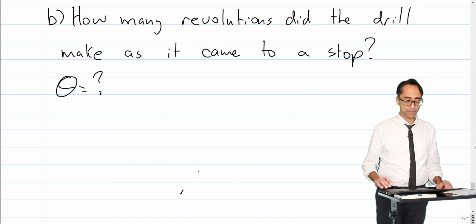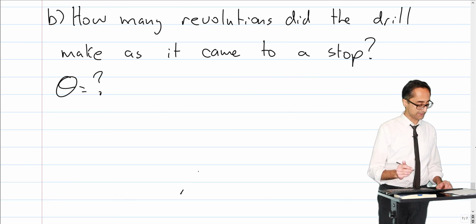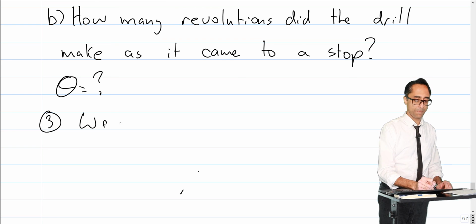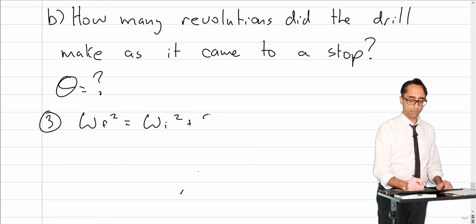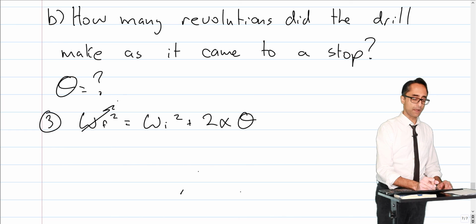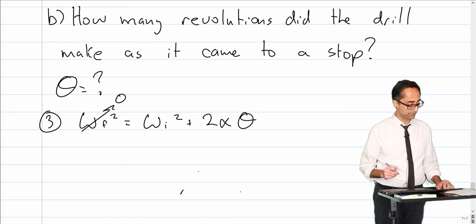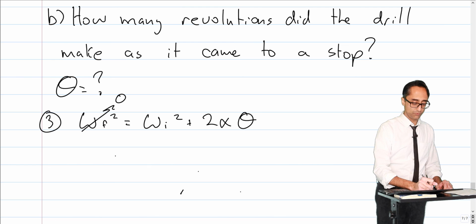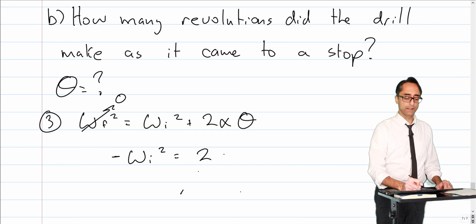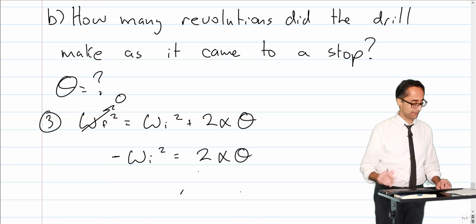And so here I go. How many revolutions did the drill make as it came to a stop? Equation 3 is written as omega final squared is equal to omega initial squared plus 2 times alpha times theta. My omega final is 0 as it was before. This time I'll move my omega initial squared to the left-hand side, making it negative, and that's equal to 2 times alpha times theta.